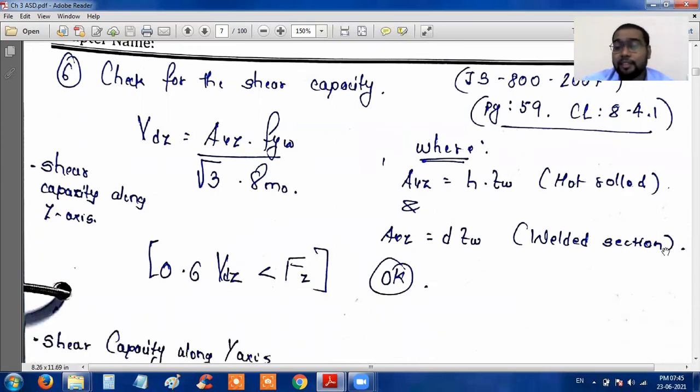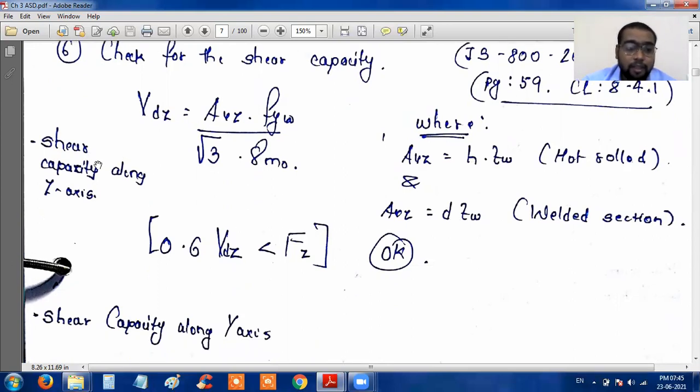For the welded section, we consider the depth. In the hot rolled section, we consider the height, and in the welded section, for the computation of Avz, we consider the depth.